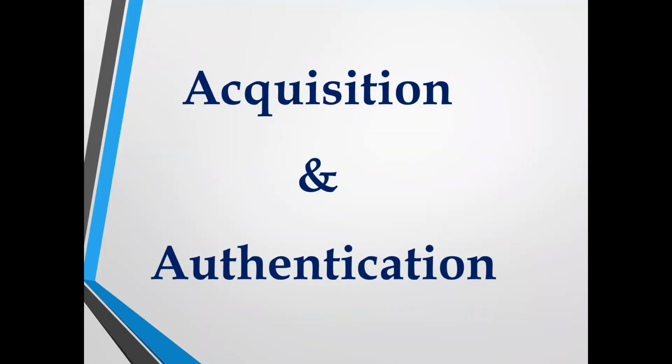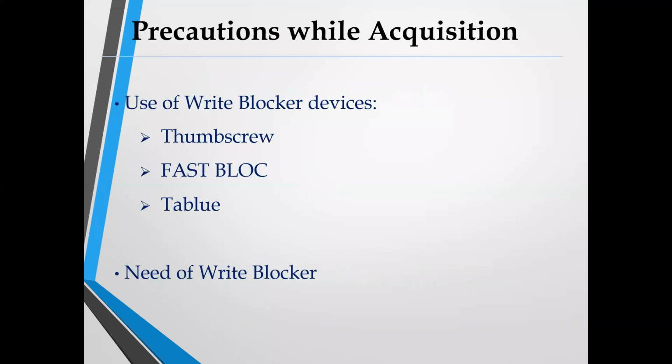In the acquisition step and authentication, this is where we said we make use of our write blocker. These are examples of write blockers. Thumb screw, fast block, or tableau. These are examples of write blockers.